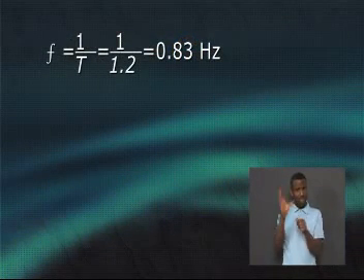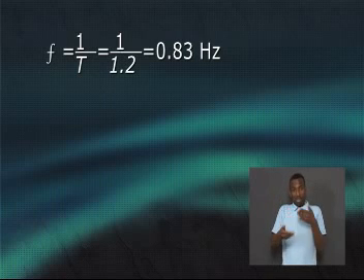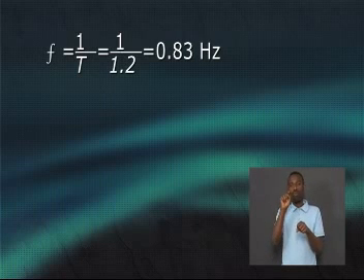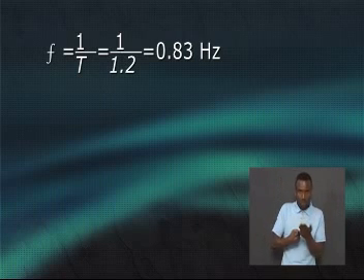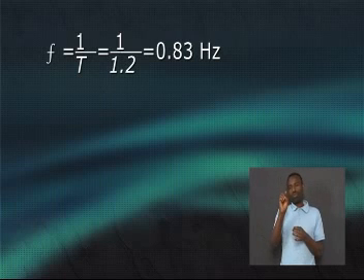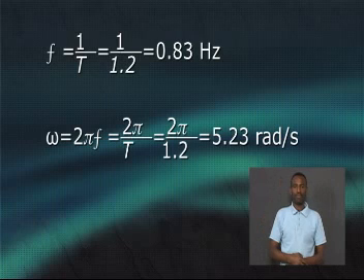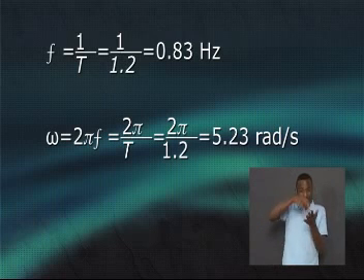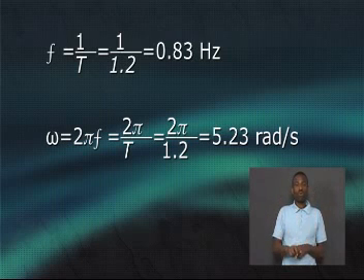To find the frequency, we simply divide 1 second by the time period of 1.2 seconds. Therefore, the frequency is 0.83 hertz. To find the angular frequency, we divide 2 pi by the time period.